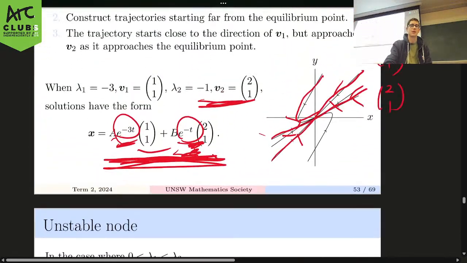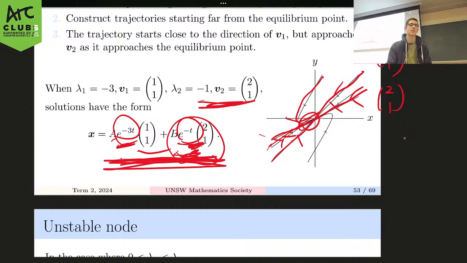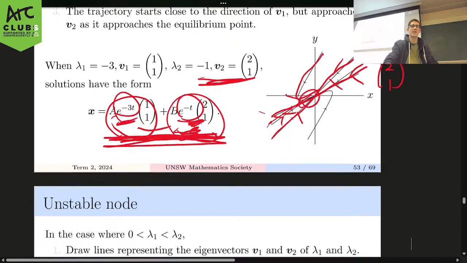For instance, going back here, some other example trajectories could be the one in here going towards the center, which, as you can see, gets closer to this direction, as we discussed. And same with this one, I'm now realizing, it gets closer to this direction because this curve becomes smaller faster. So it approaches the direction like that. Okay, so that's the intuition. You might want to have a look at that again.